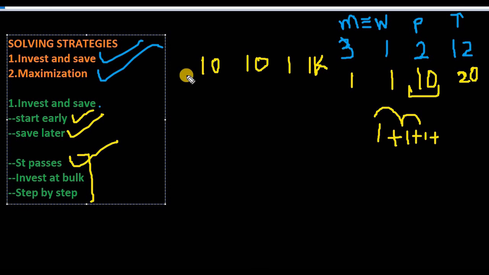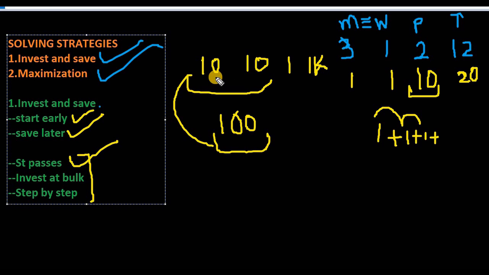So rather than investing one by one, I can go ahead and make 100 purchases, right? After the first pass, or the first day, the total number of candies produced will be 100, that is 10 into 10, and the purchase price is only 1 rupee. So I can make 100 purchases. I can go ahead and buy 50 of these and 50 of these. And why are we going to do this 50 and 50? We just saw in the maximization, we want our M and W values to be as close as possible so that the later results will be higher than expected. Okay, so I hope you got this logic of invest at bulk and what its benefit is.